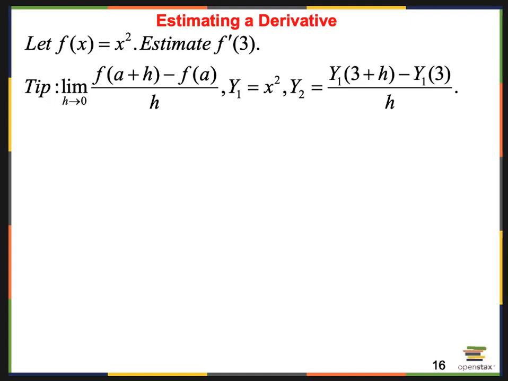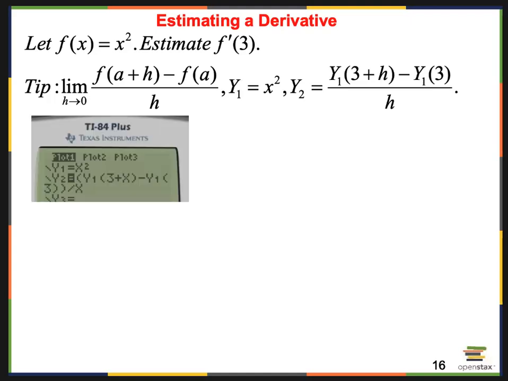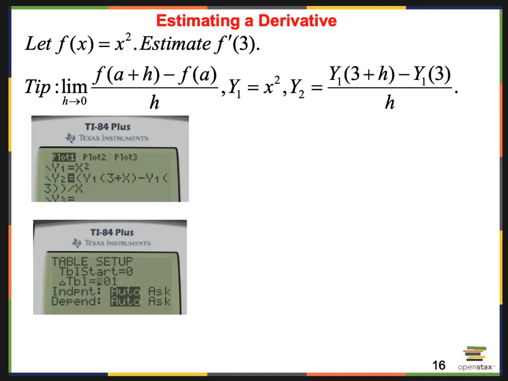Okay, so let's look at another example here. This says estimate f prime of 3. So this is using the calculator, so we can put in our function after we substituted, set up your table. You can see we have 0.03 here.